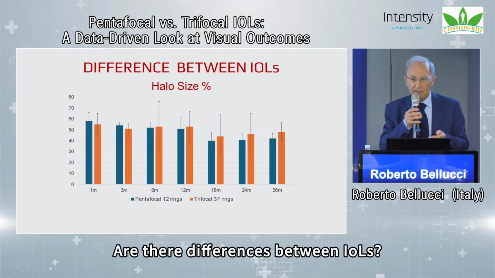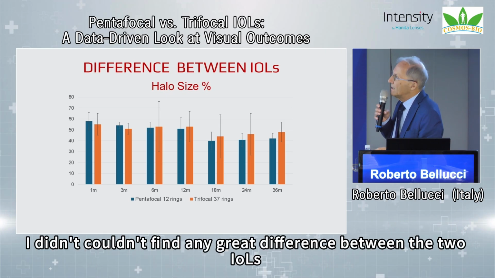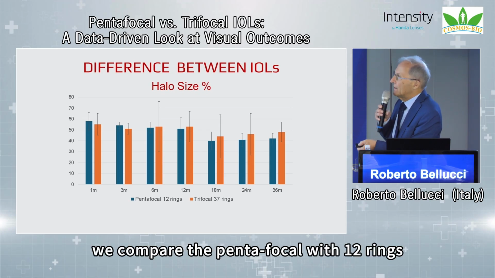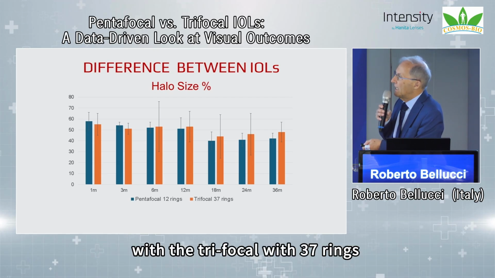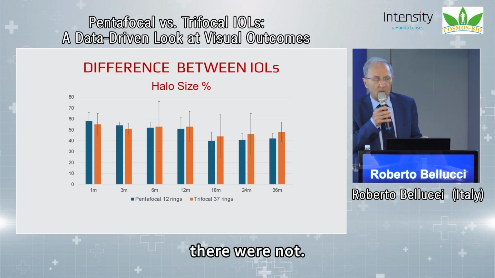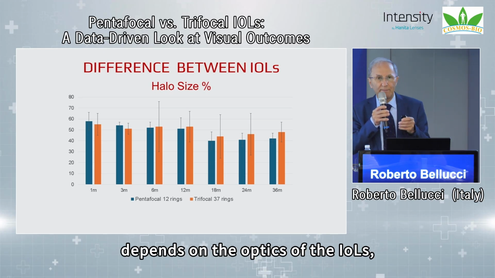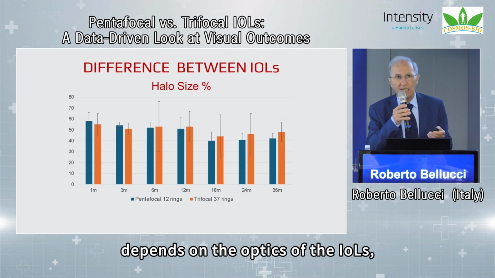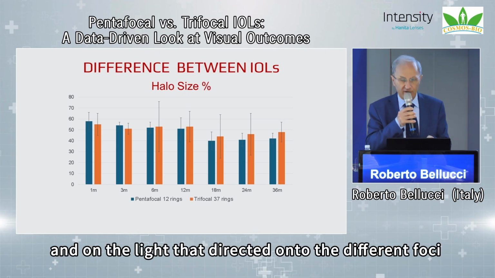Are there differences between IOLs? I couldn't find any great difference between the two IOLs. When we compare the pentafocal with 12 rings with the trifocal with 37 rings, I was expecting a lot of difference, but there was not. Probably because the halo depends on the optics of the IOL, on the number of foci, on the light that's directed onto the different foci.